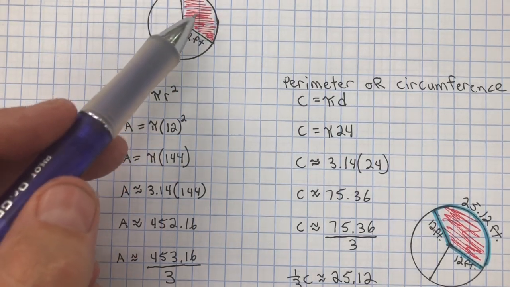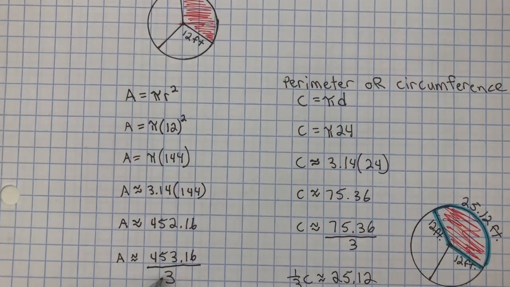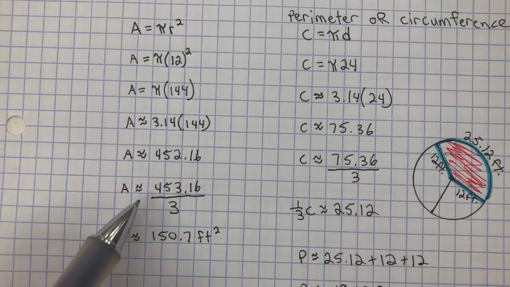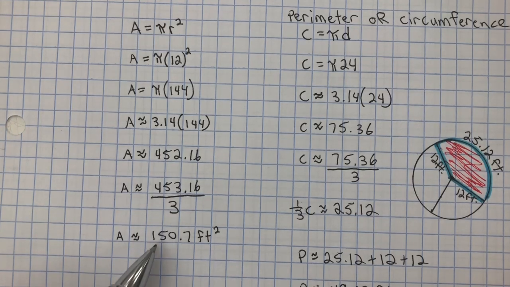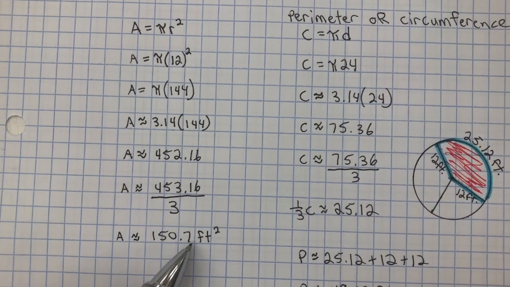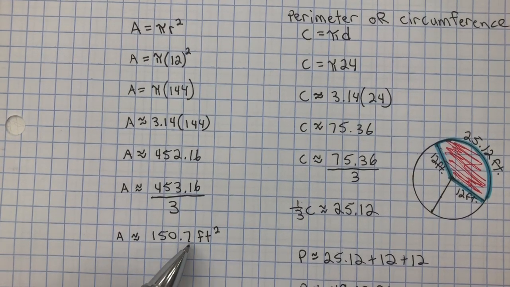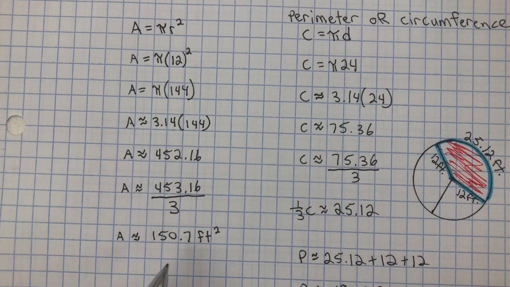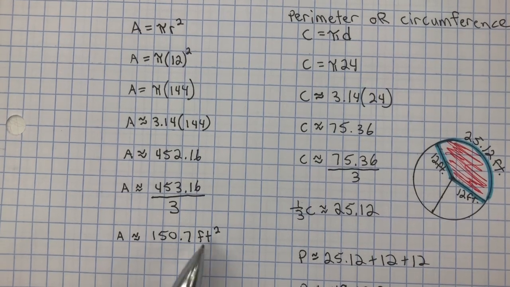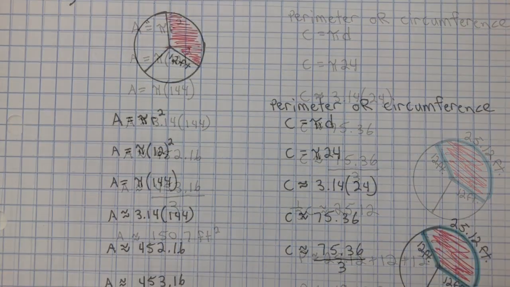We only want 1/3 of it, so we're going to divide it by 3. Once I divide it by 3, I get approximately 150.7 cubic feet. I'm sorry, not cubic feet, square feet. Cubic would be to the 3rd power.